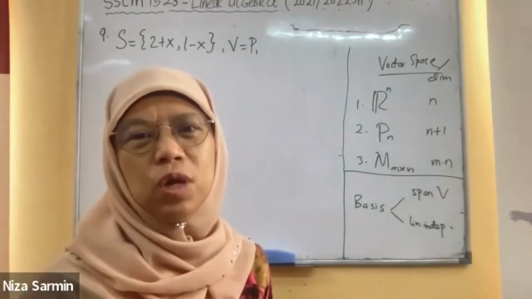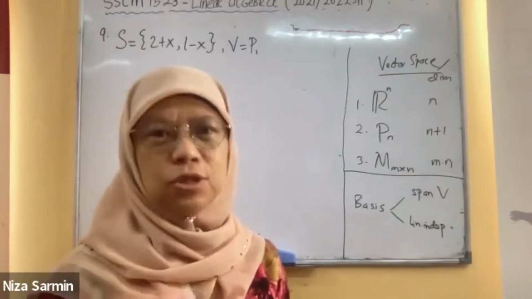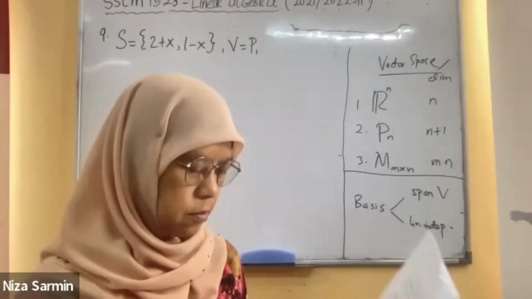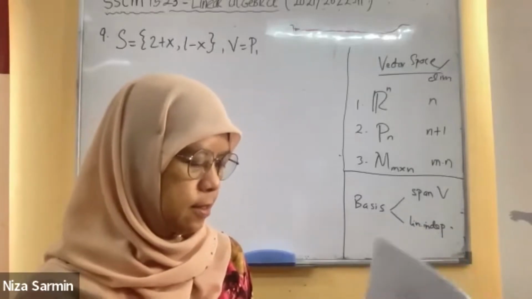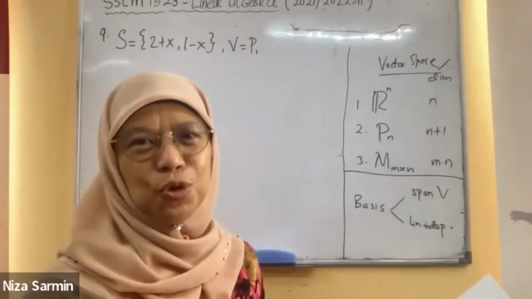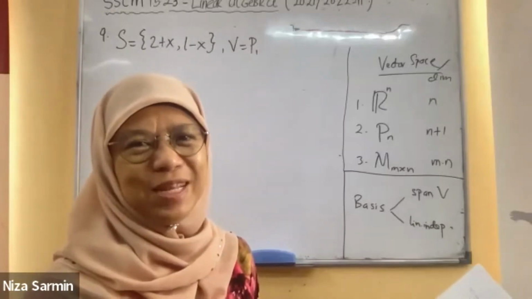Okay. P2 has to have X squared. So this one is enough. This one is enough. This one is a basis.